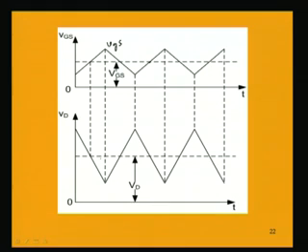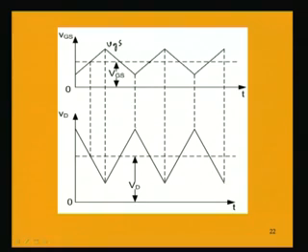So, this point corresponds to the negative peak, and the negative peak of the input voltage will correspond to the positive peak of the drain voltage. So, we will be getting the output voltage at the drain as shown here.